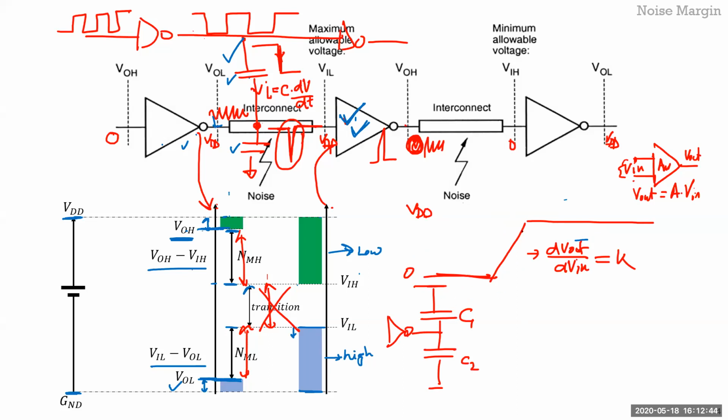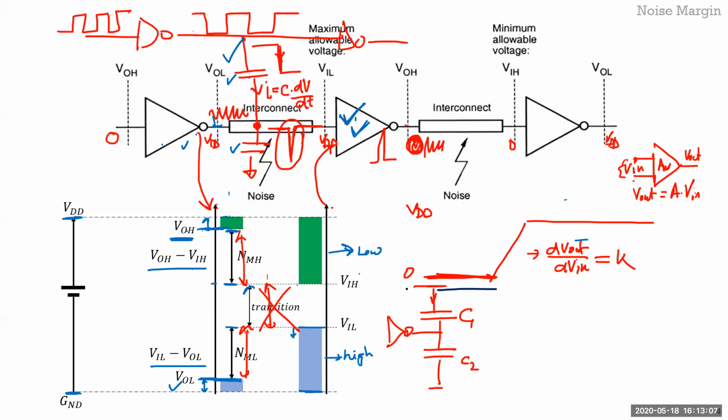So what's the current through this during this period? Prachita, you can probably answer. What is the current? Minus C1 dV by dt. Yeah, but dV by dt is 0. So what's the current? 0, sir. The current is 0, right?